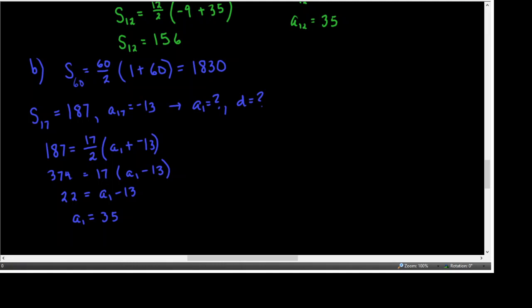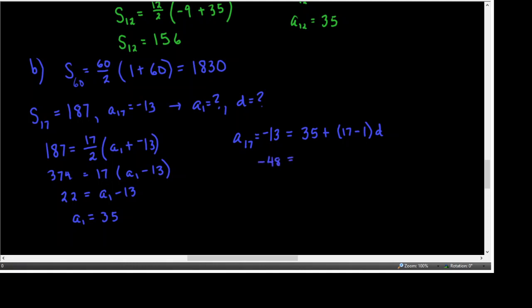Now let's find d. Since it's arithmetic, a sub n, so a sub 17, which is negative 13, should be equal to a sub 1, which we now know is 35, plus n, which is 17, n minus 1 times d. And we can solve that equation for d. If I subtract 35 from both sides, it gives me negative 48.